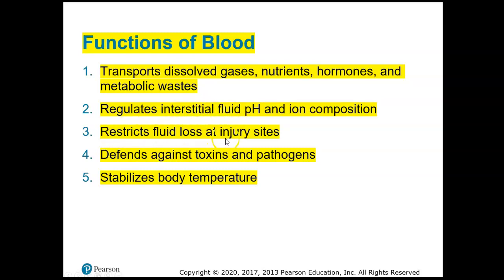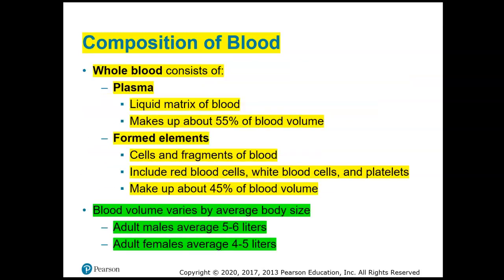The blood restricts fluid loss at injury sites. We call this blood clotting. The white blood cells defend against toxins and pathogens, and then the blood stabilizes body temperature by the dilation and constriction of blood vessels primarily.